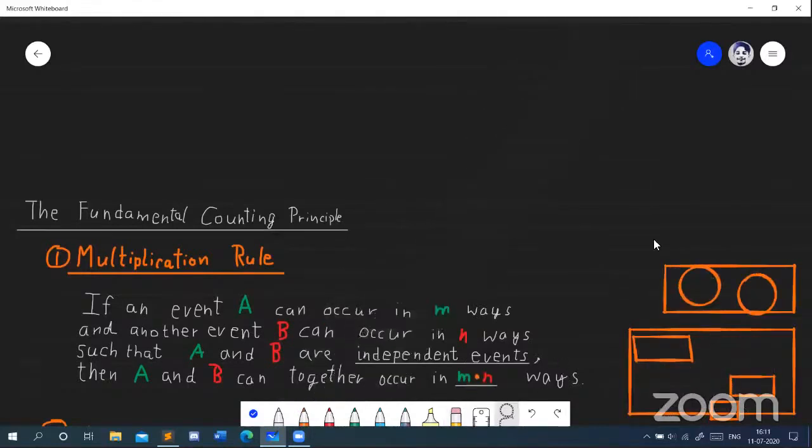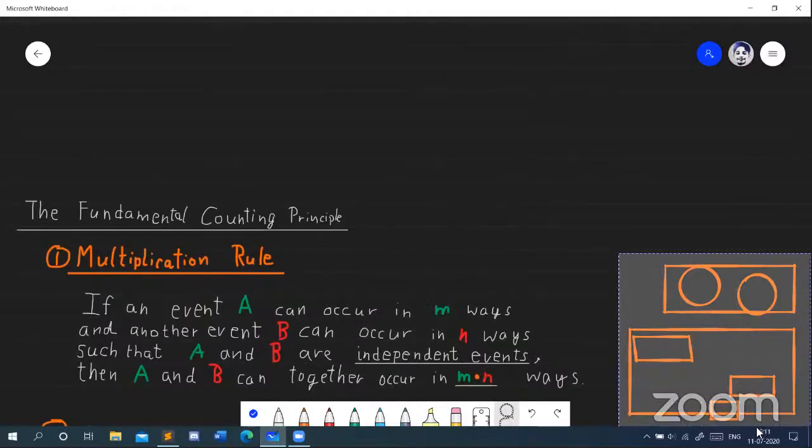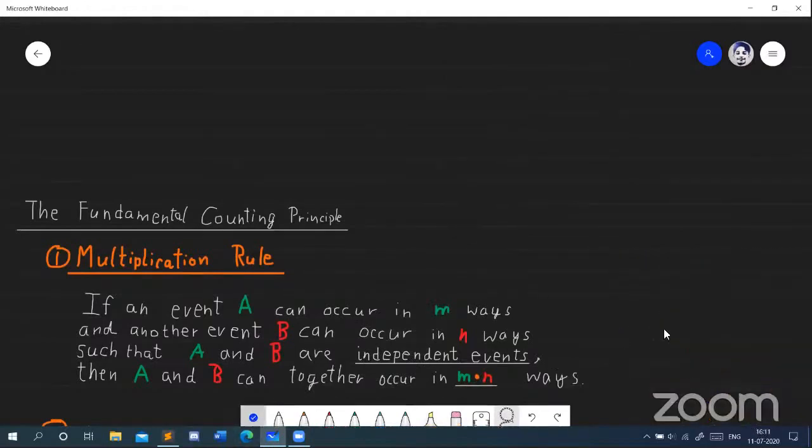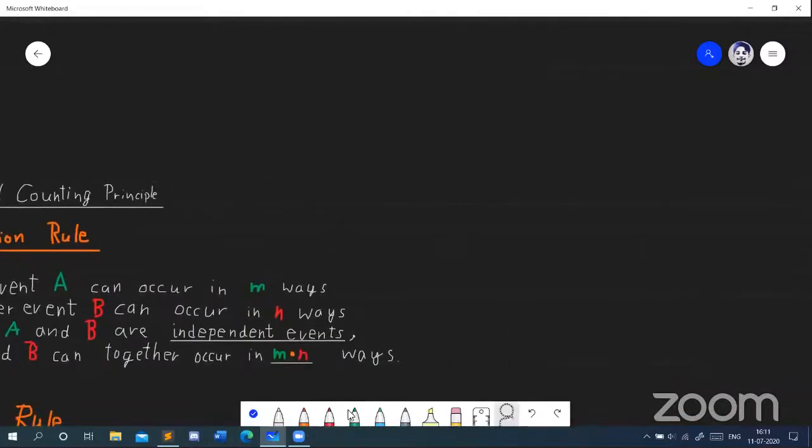Give me a second, I will remove this. All right. So let's say you decide to flip the coin first, and that will have 2 outcomes, a head or a tail, right? And then I can decide, okay, fine. Now I'll roll the die, and I can get 6 possibilities corresponding to 1, 2, 3, 4, 5, and 6.